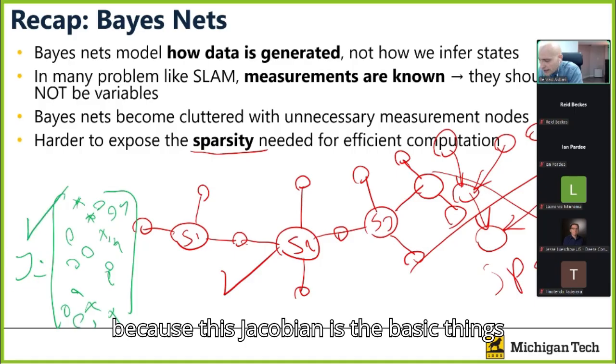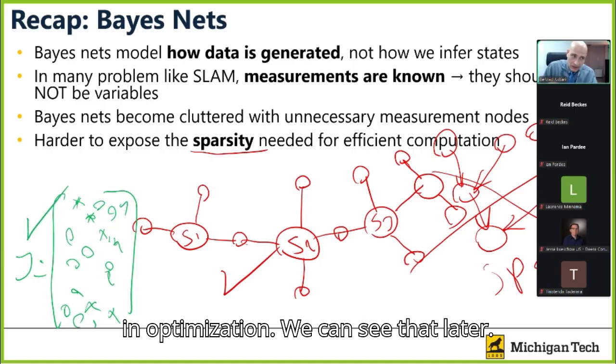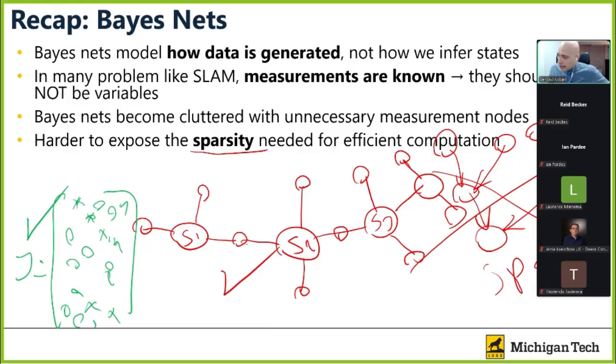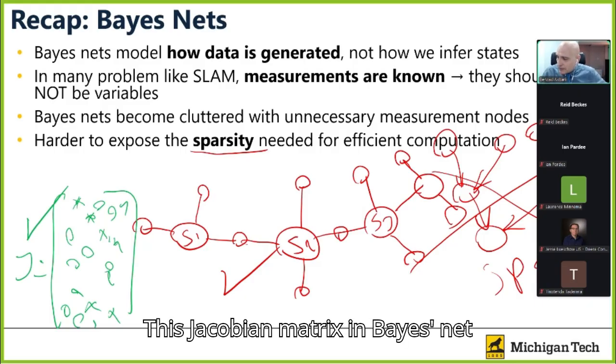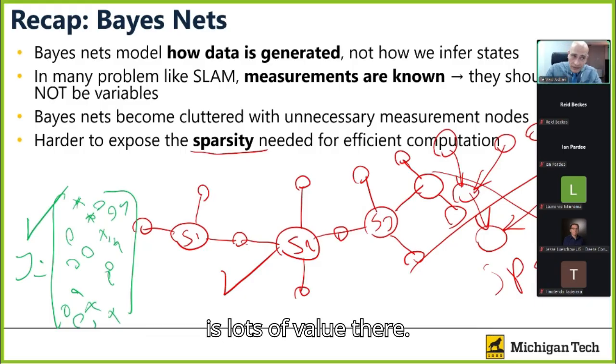This Jacobian is the basic thing in optimization. We can see that later. This Jacobian matrix in Bayes net has lots of values there. So it's not sparse, so we cannot solve the equation simply, linearly, fast.